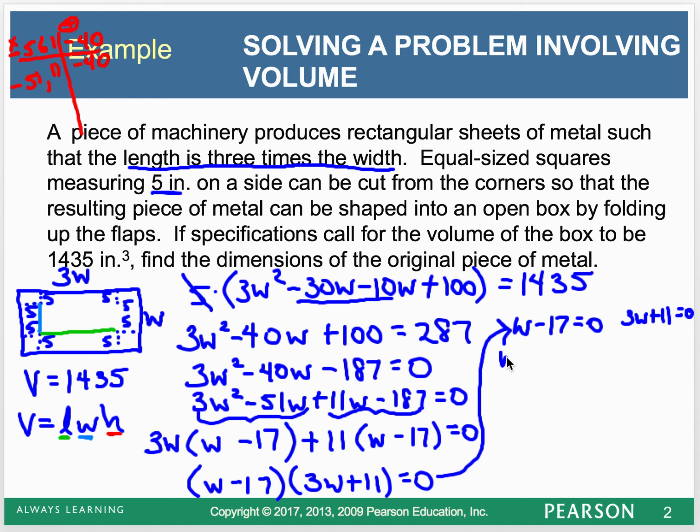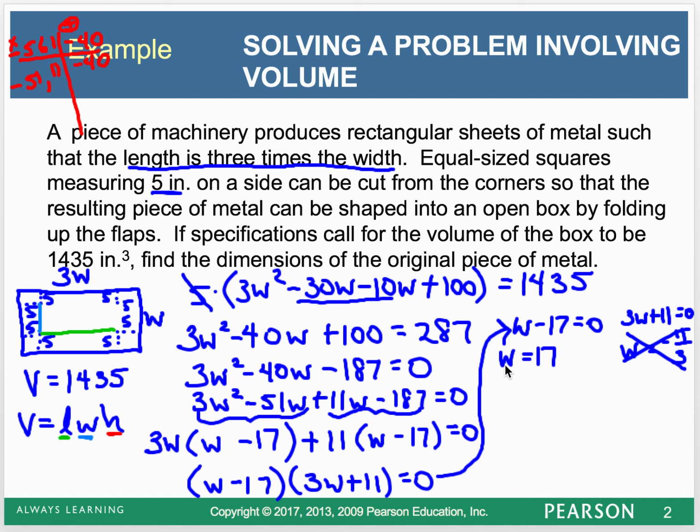So w is 17 or w is negative 11/3. Now, because of the nature of this question, and we're trying to find the lengths, the dimensions of this piece of metal, a length cannot be negative. So that's what we call an extraneous solution, right? We can disregard it. That means the width must be 17.